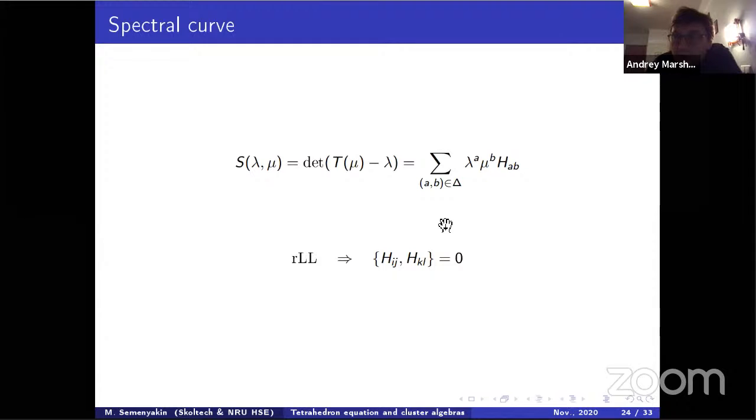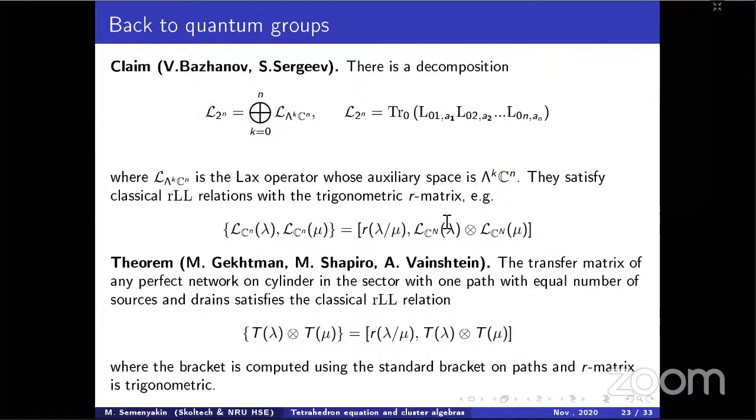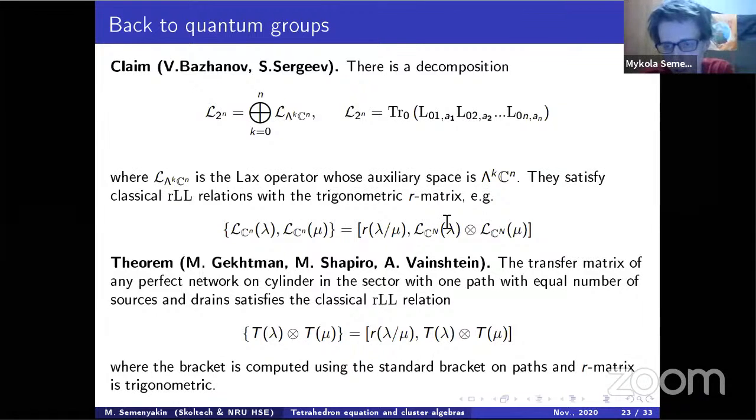How many variables do you have, and how many commutation conditions do you have? In fact, Zhanov and Sergeyev knew what integrable system they got. They got the classical XXZ chain, and integrability followed from that knowledge.